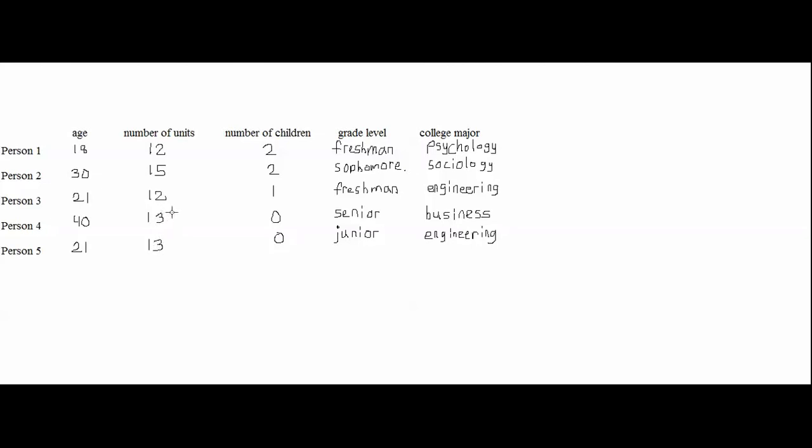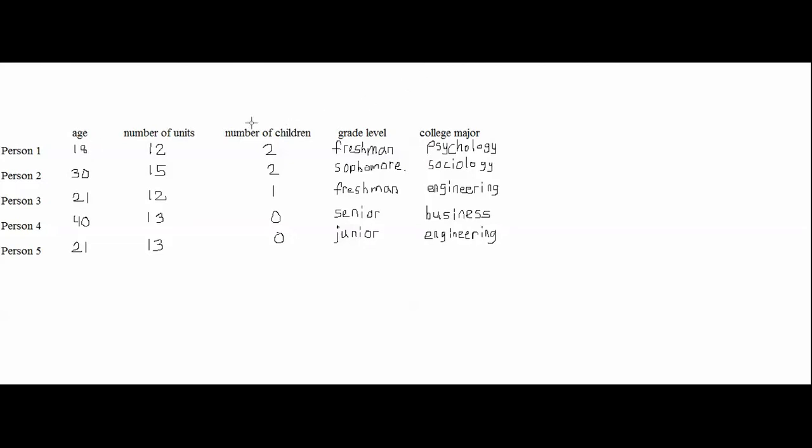So we would say that this value has a frequency of 2. And it looks like 2 people are taking 12 units. So this value of 12 units would have a frequency of 2 because it shows up 2 times. So the frequency of a value is the number of times it appears inside its column of data.